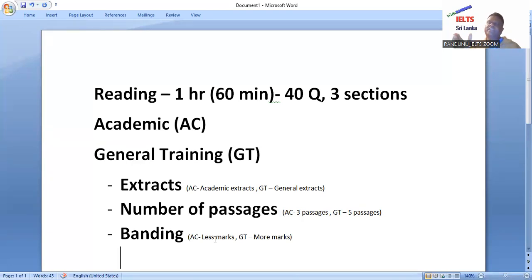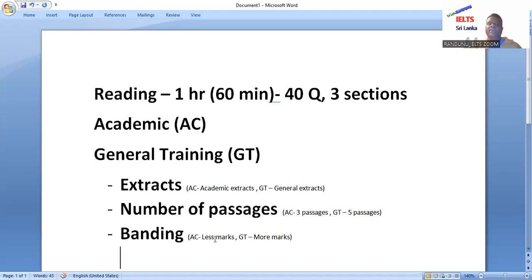Okay, so a general training student needs only 27 out of 40 to get band 6, but an academic student has to get 32 in order to get band 6.